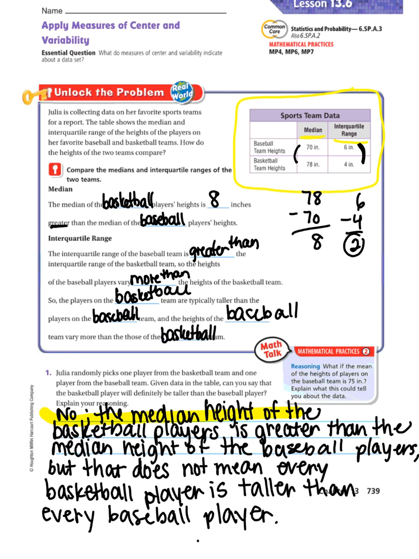The median height of the basketball players is greater than the median height of the baseball players, but that does not mean every basketball player is taller than every baseball player.